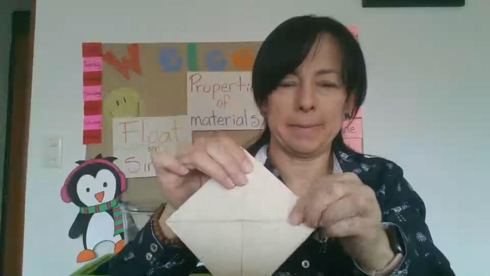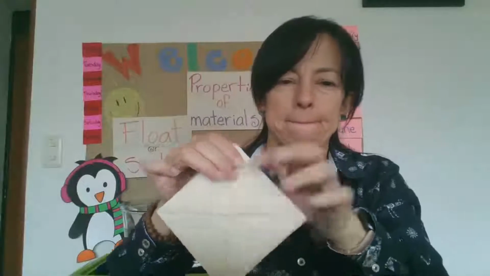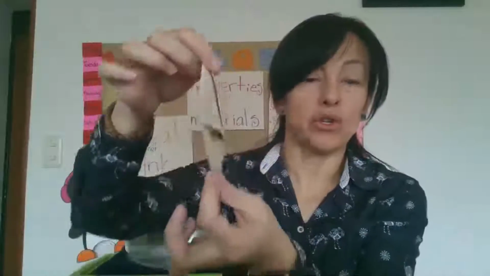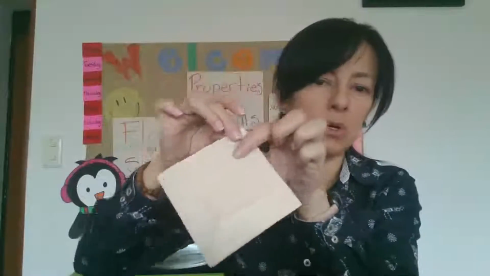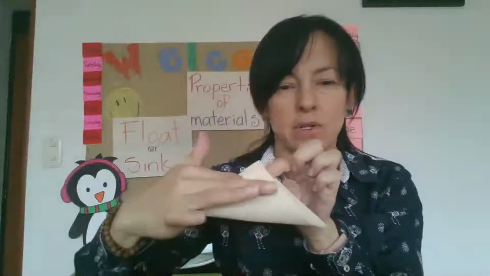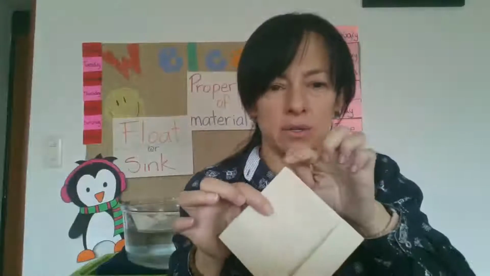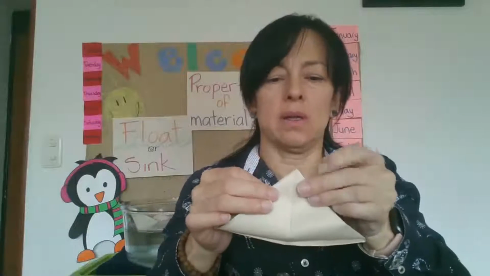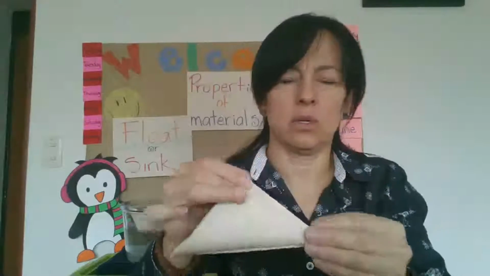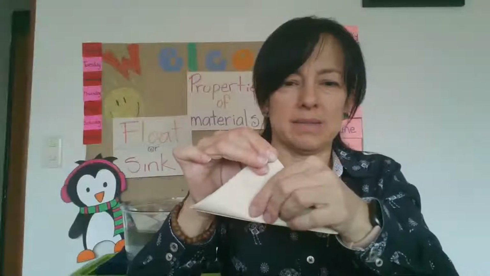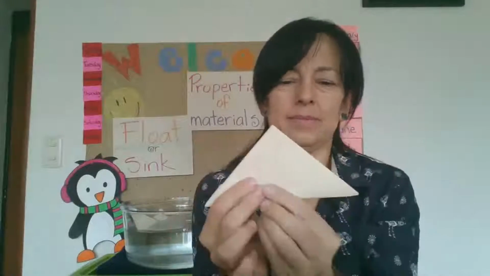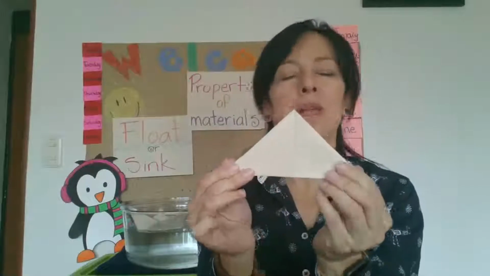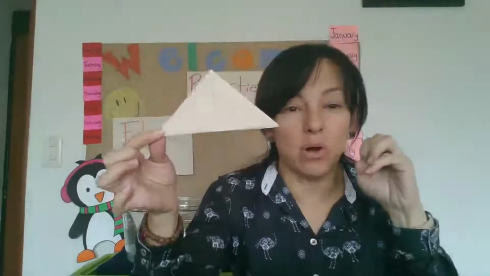Okay. I'm going to turn my square and I'm going to do the same. I fold this corner till here, like this. Like this. And I press. Okay. So I have again a smaller triangle.